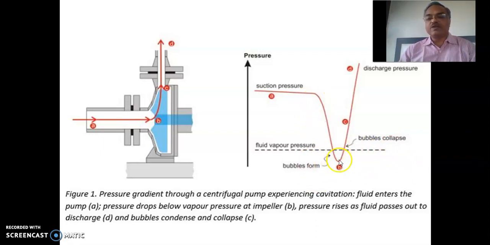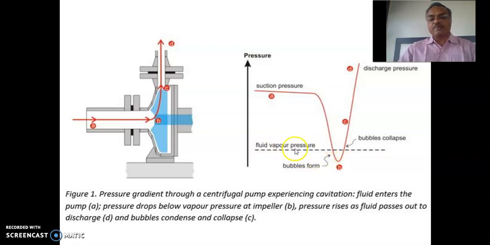So here is the maximum suction pressure, or the maximum value below atmospheric pressure. If this value goes beyond the vapor pressure, this is the fluid vapor pressure, then bubble formation takes place. We have already dealt with vapor pressure when we had a discussion on properties of fluid. This is the minimum pressure, below which if we go, then the water starts boiling, or the vapors start evolving out of the water.